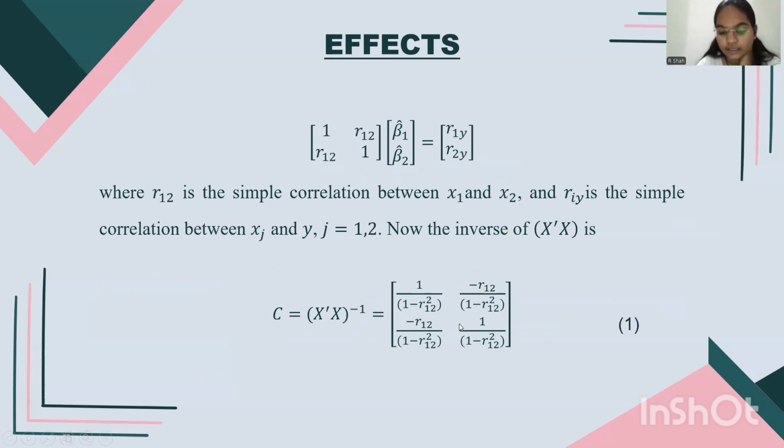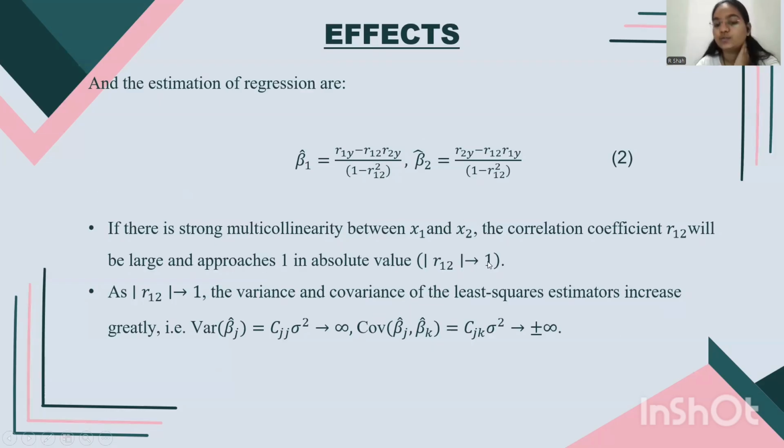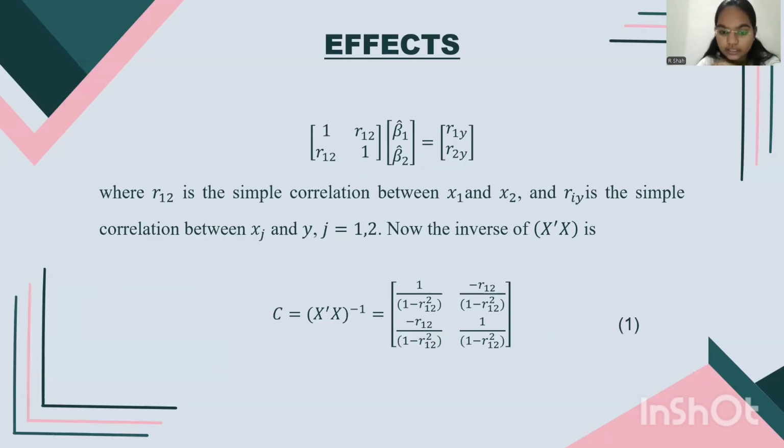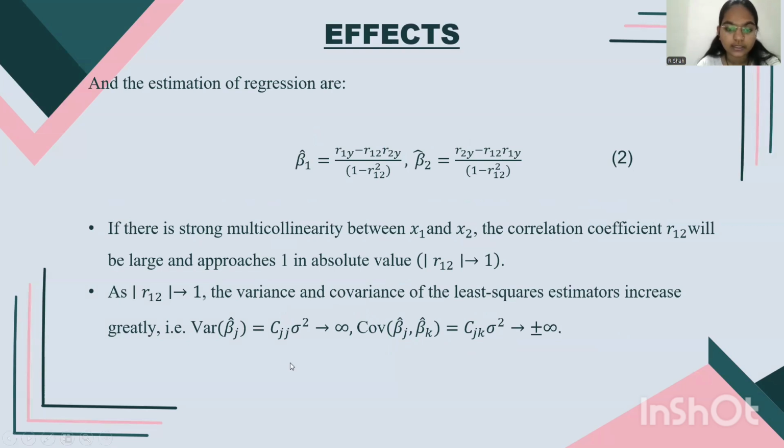Here R12 tends to 1. Just consider 1 minus R12 square, which tends to 0. Suppose R12 is 1, so our denominator value is 0. That's why it goes to infinity. And covariance of beta j cap, beta k cap, equal to Cjk sigma square, also goes to plus or minus infinity.